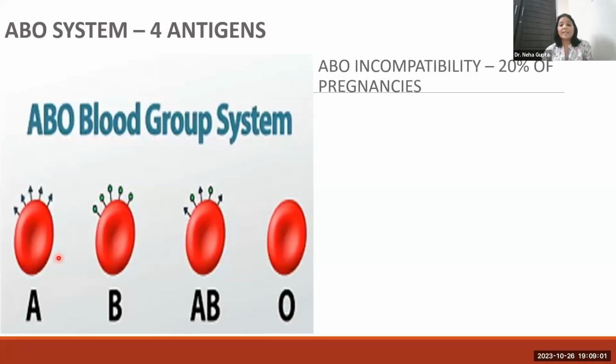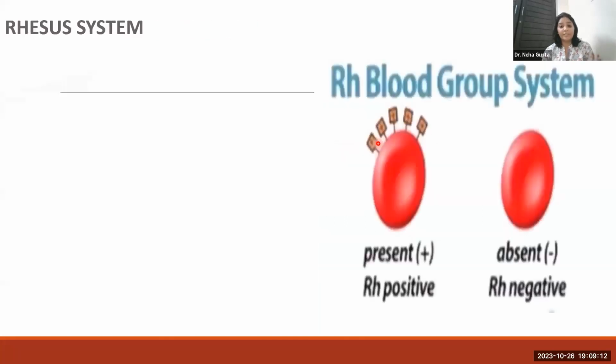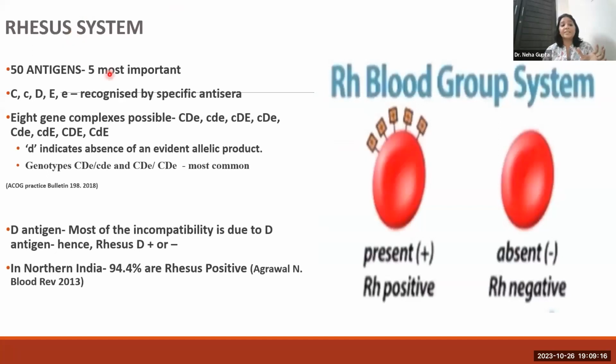The ABO system has 4 antigens, and ABO incompatibility is sort of protective against Rh isoimmunization, and this is seen in type O mothers who carry type A or type B fetuses. The rhesus system has about 50 antigens, out of which 5, that is capital C, small c, capital D, capital E, and small e, are the most important ones.